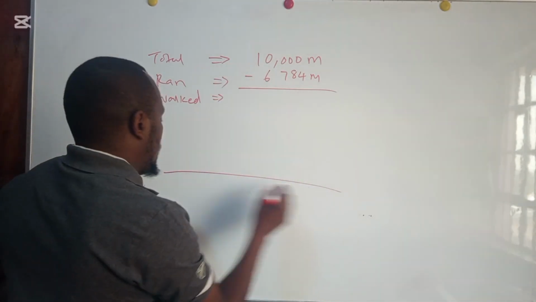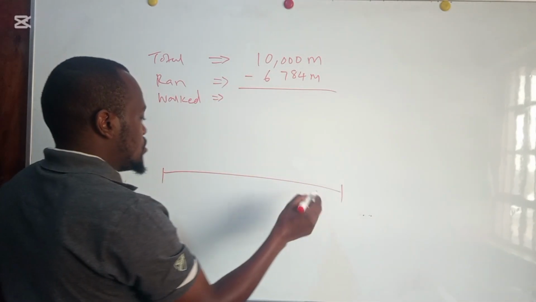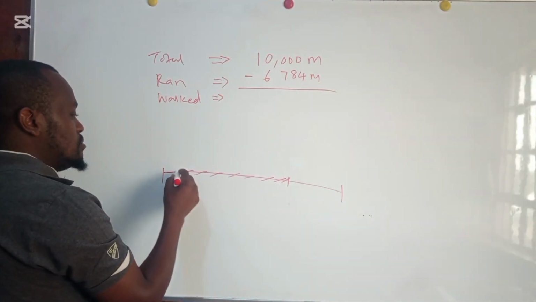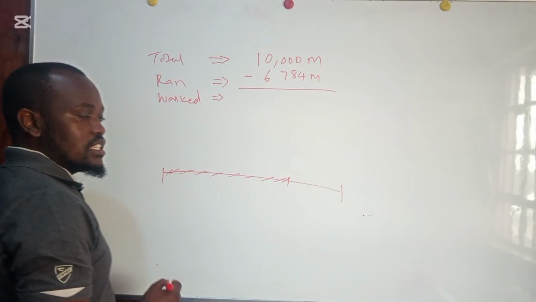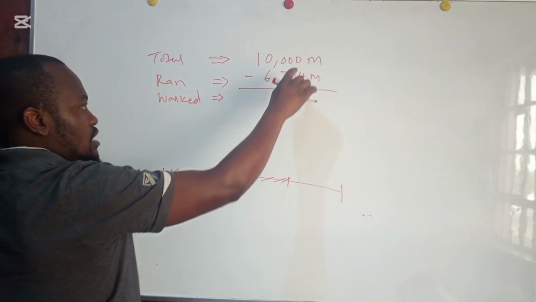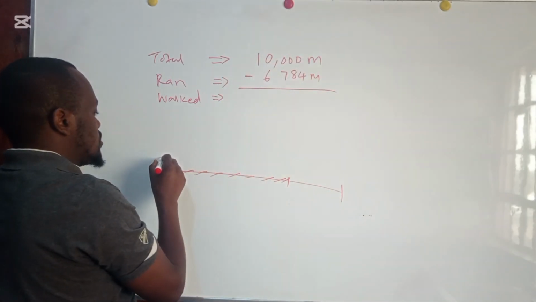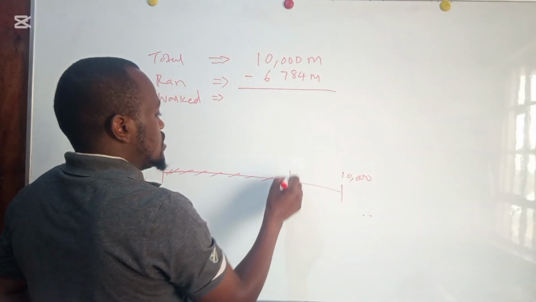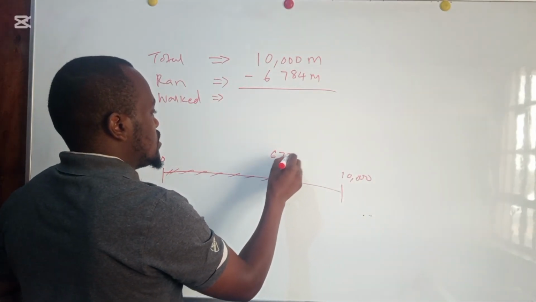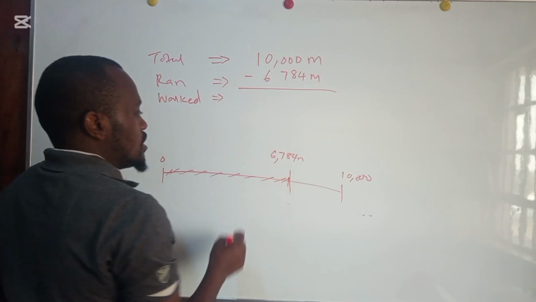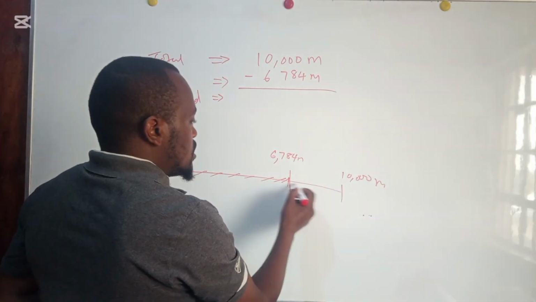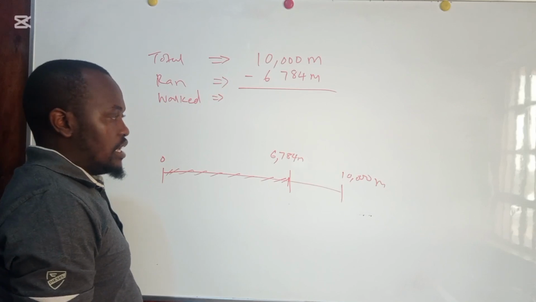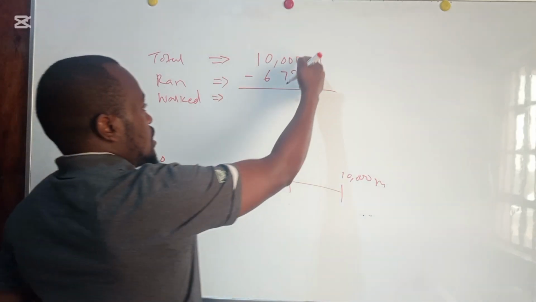Suppose you are moving from here to here and you run up to this point. It means you have walked the remaining distance. So from here is 0 and this one is 10,000 and this is 6,784 meters. So what remains is 10,000, you subtract 6,784. So let us subtract.